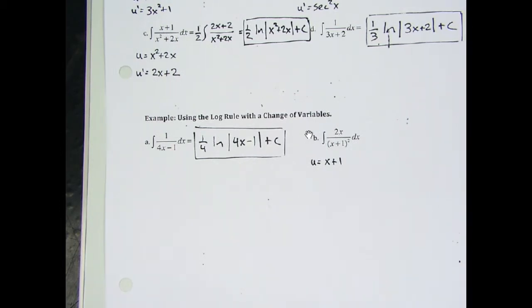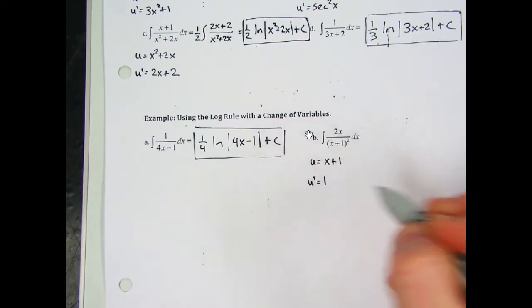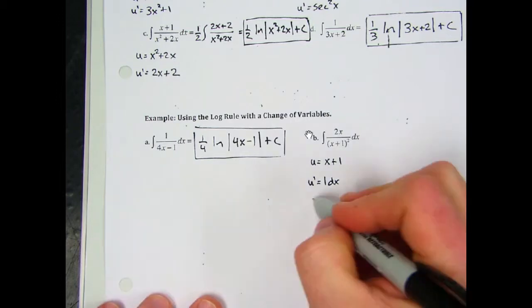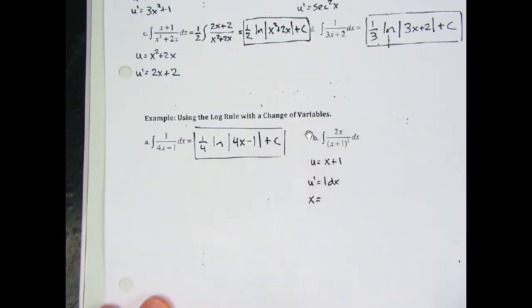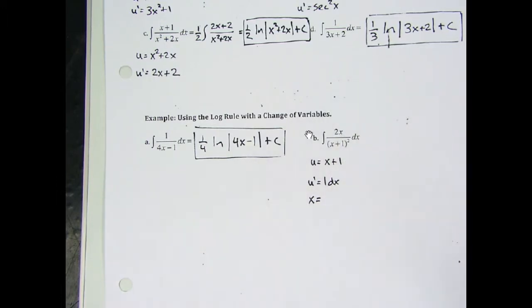And so what does u prime equal? Okay, 1. And it's really 1 dx, right? So what we need to do now is solve for x, because notice we have 2x on top, but that's not part of our derivative. So we need to write x in terms of u. So x equals u minus 1.